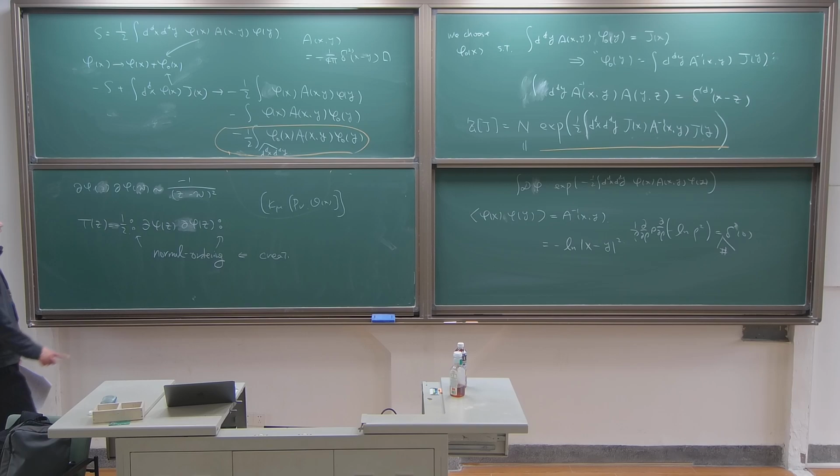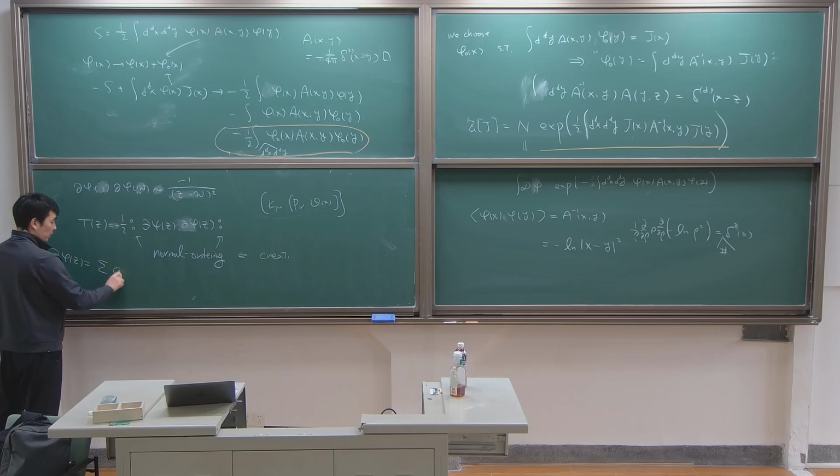So now it's an operator. Usually, if you have this kind of operator, it has a Fourier expansion, z to the power n minus 1.